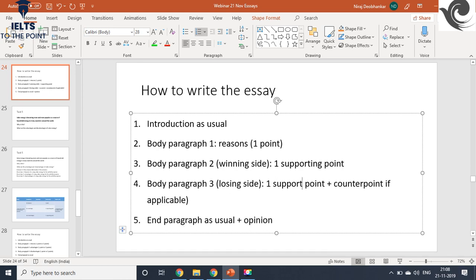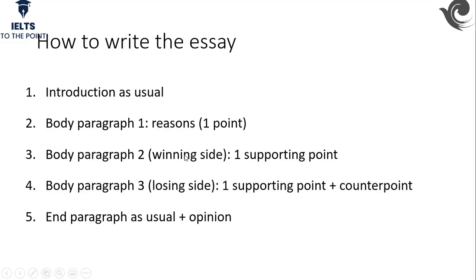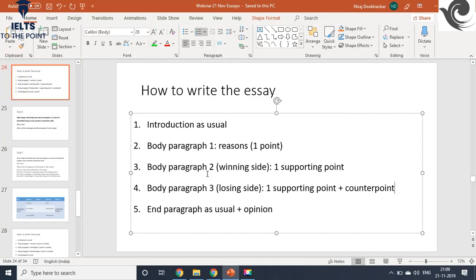So this becomes the structure of your essay. Alright, I put positive and negative because again people should not be confused, but this should be the structure of the essay. Is that clear? Okay, you should definitely summarize the reason as well, for sure.